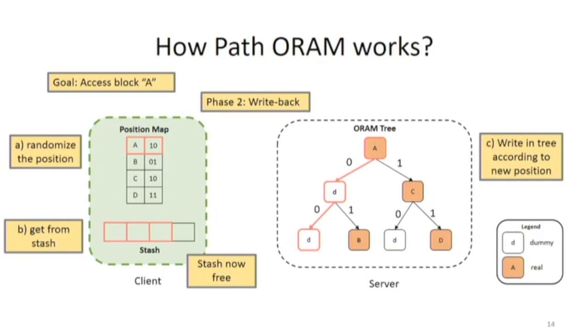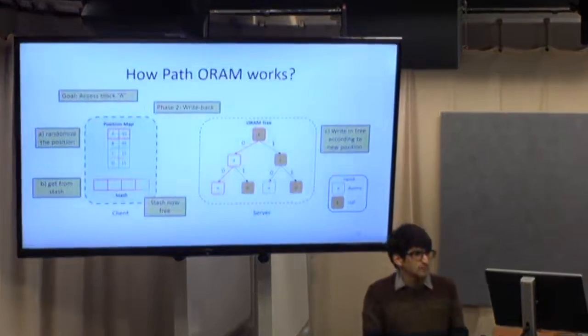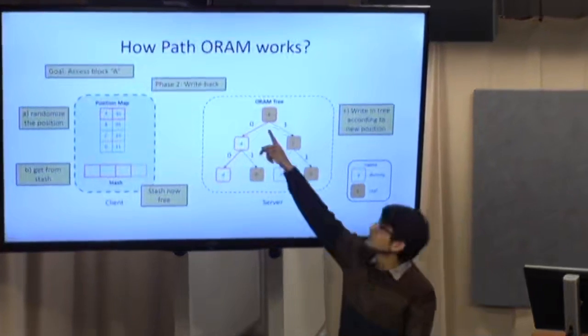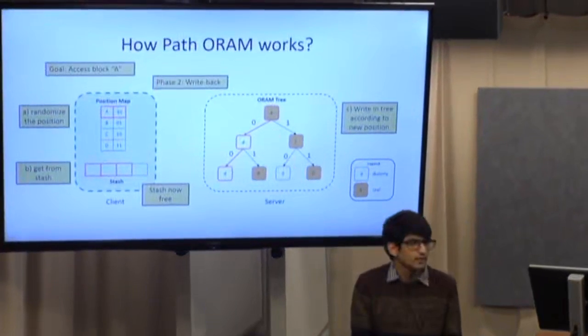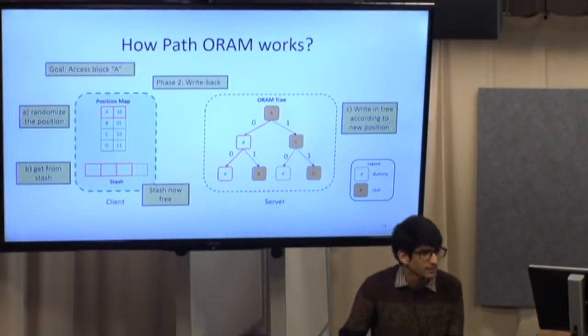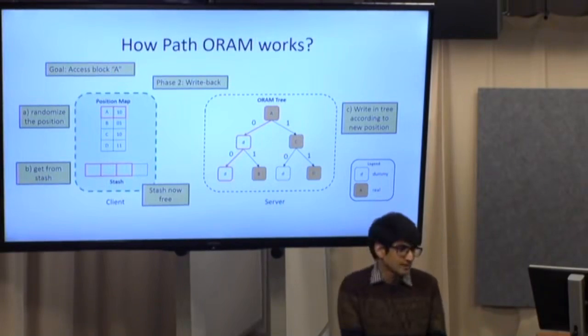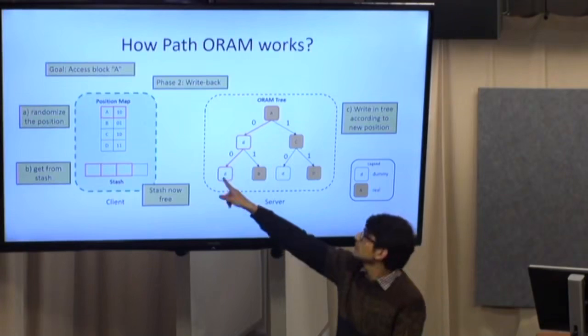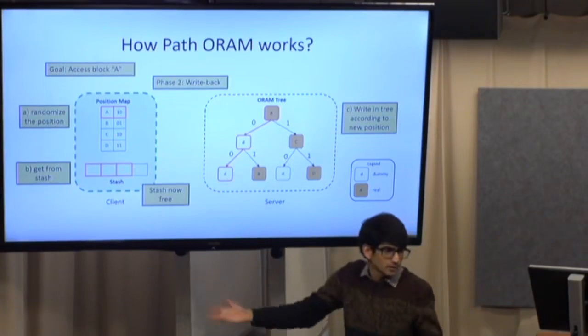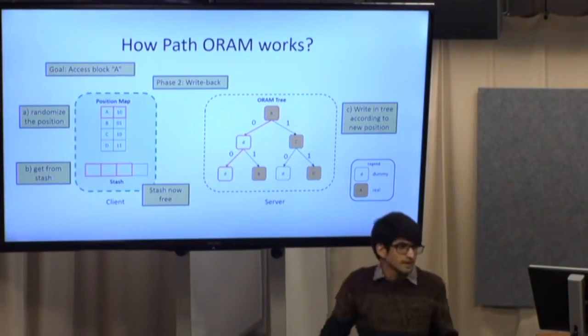You are going to write back here, here, here, and here, the whole path, instead of just a single node. If you just write back here, then the attacker already knows where you wrote back the real block. But since you write back to the whole path, the attacker still doesn't know exactly where it could be. It could be here, it could be the same spot, it could be here. The attacker doesn't know.